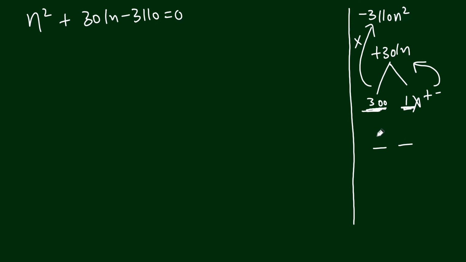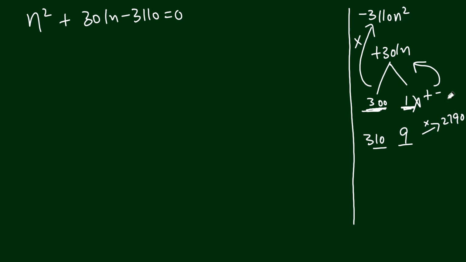If I use 310, what can I add or subtract here to get 301? It's 9. So 310 and 9 can give me 301 on subtraction, because you have a choice, either subtract or add. But is their multiplication 3110? If you check, it's coming 2790.